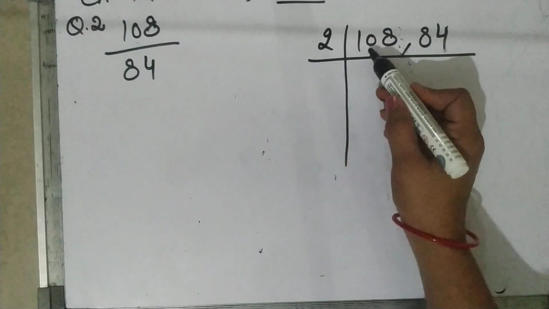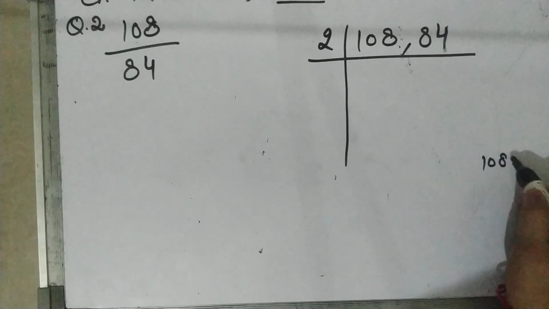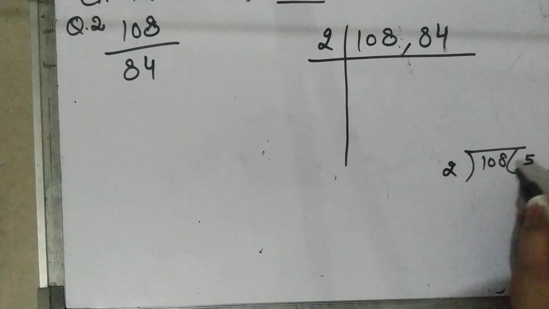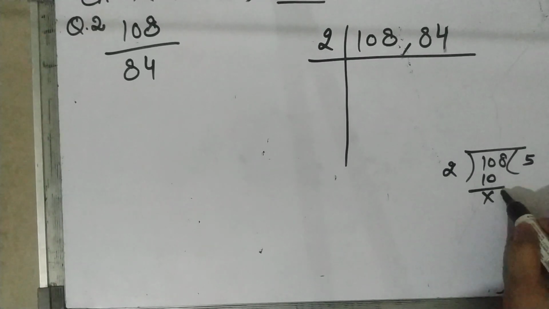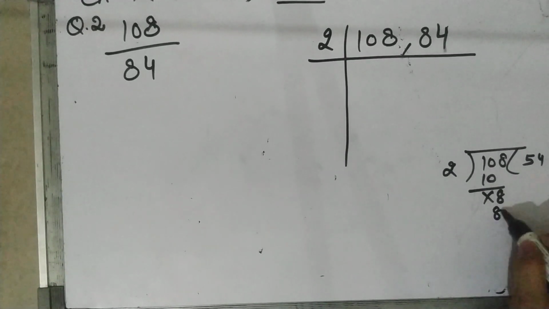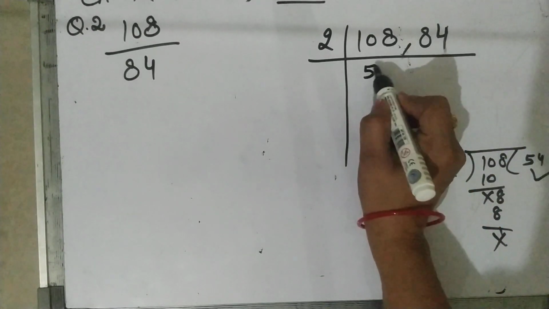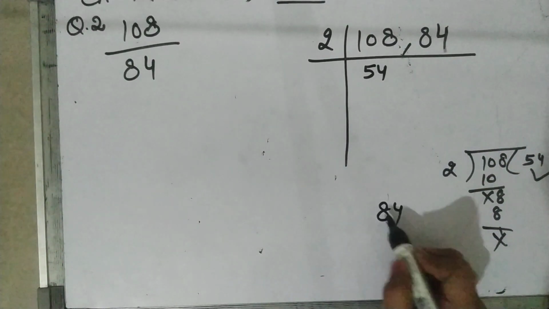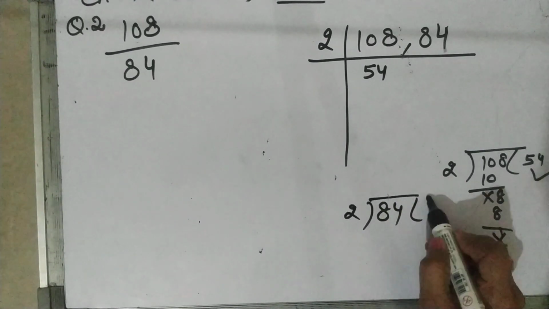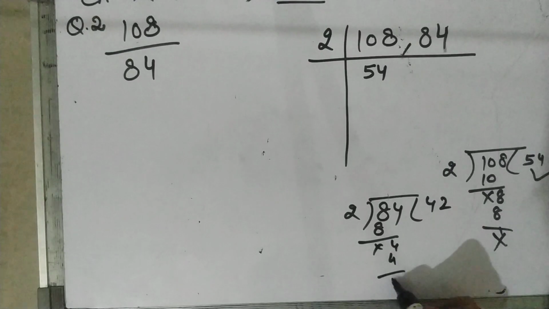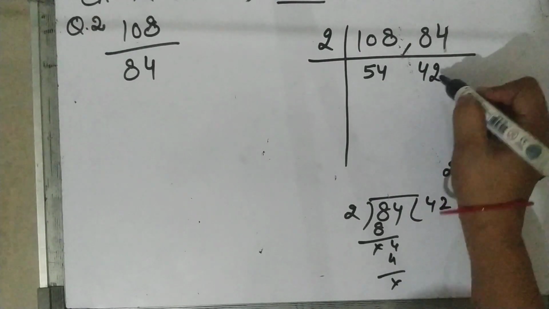When you divide 108 by 2, just check, is it exactly divided? Yes. 2 5s are 10. Taking it down, 2 4s are 8. Exactly divided, getting quotient 54. Right here, 54. When you divide 84 by 2, 2 4s are 8. 2 2s are 4. Getting 42.